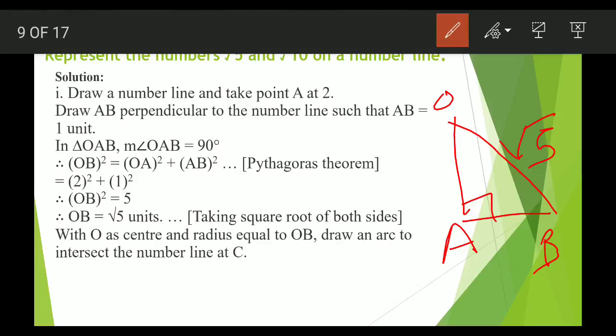So OA is equal to 2 and AB is equal to 1. So we have to first draw this triangle. How to draw this triangle? Let us see. So after solving, you will get OB value is root 5. So let us solve.